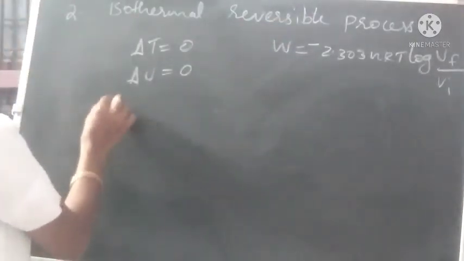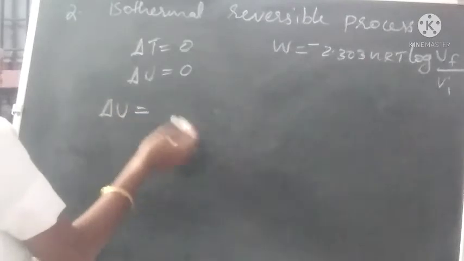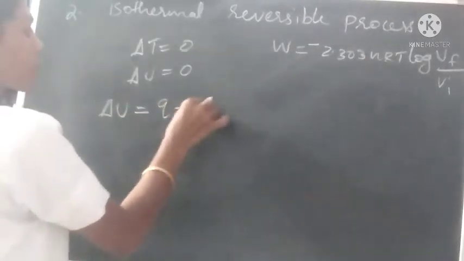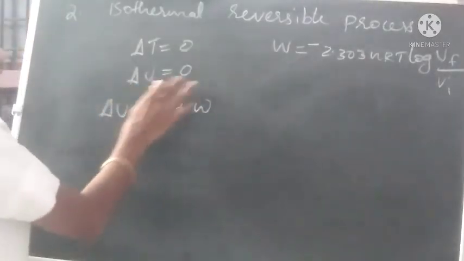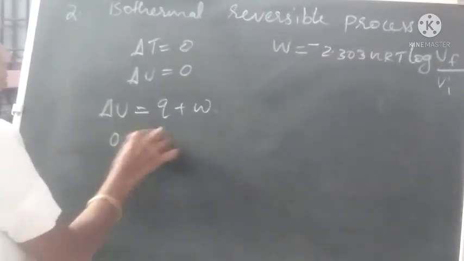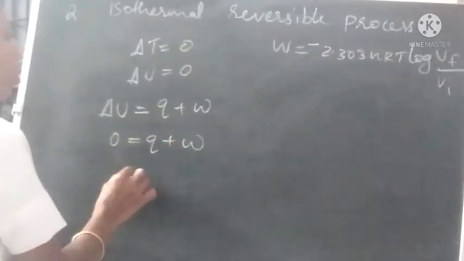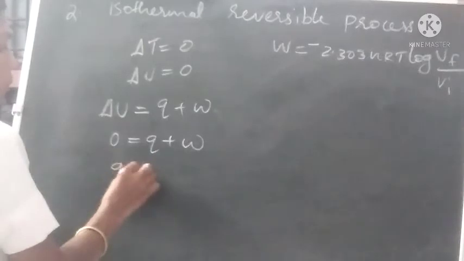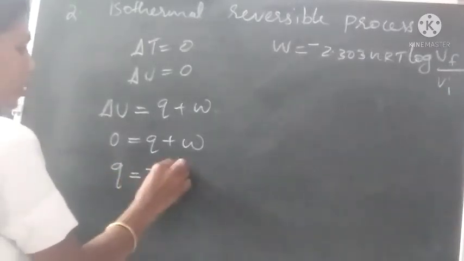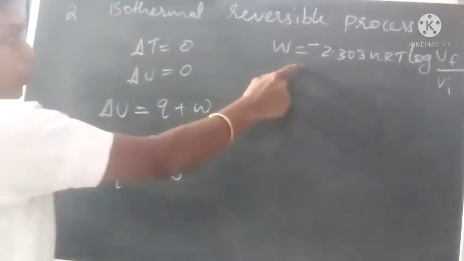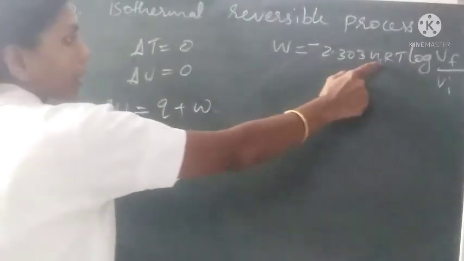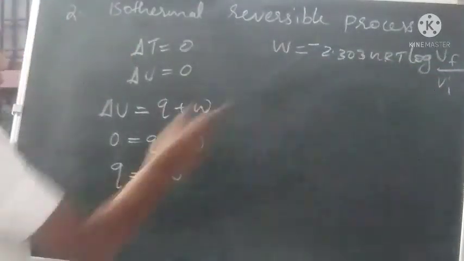So by the first law of thermodynamics, we know that delta U is equal to Q plus W, and delta U is 0. So we can write 0 is equal to Q plus W, or Q is equal to minus W. And what is W here? Minus 2.303 nRT log Vf by Vi. That value we can write here.